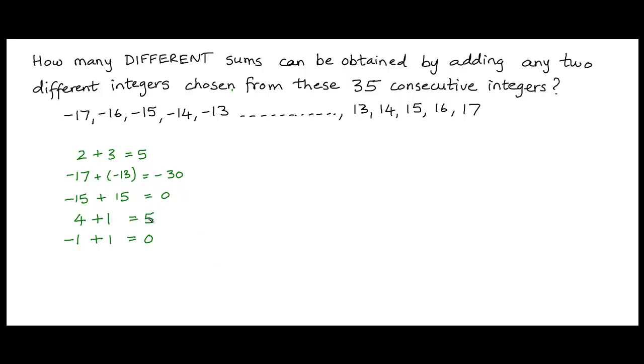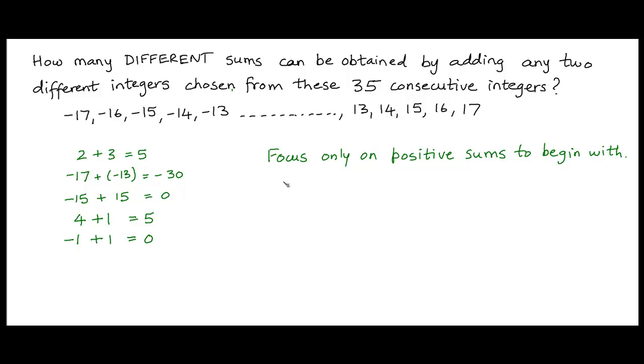Now some of these sums were positive and some were negative and some were 0, of course. But instead of focusing on both positive and negative sums, let's focus only on positive sums to start with.